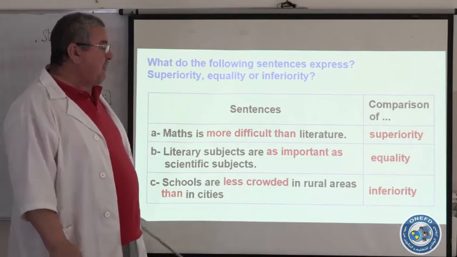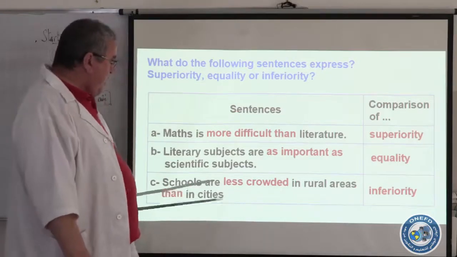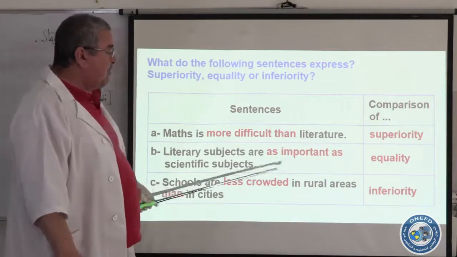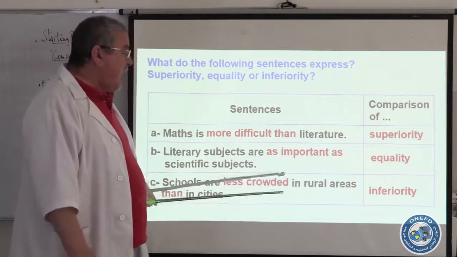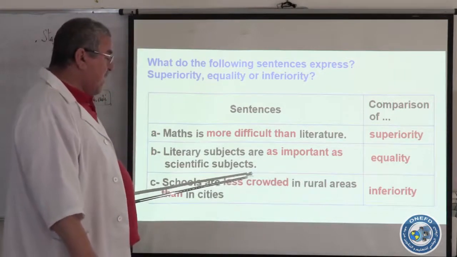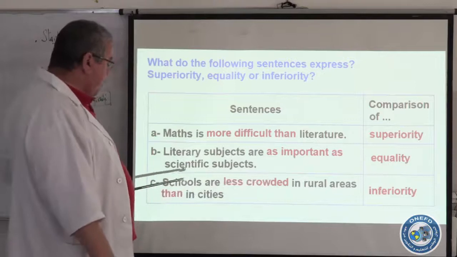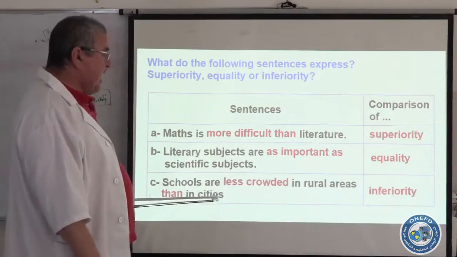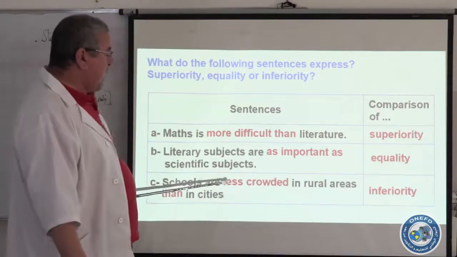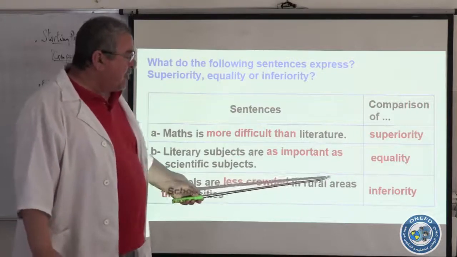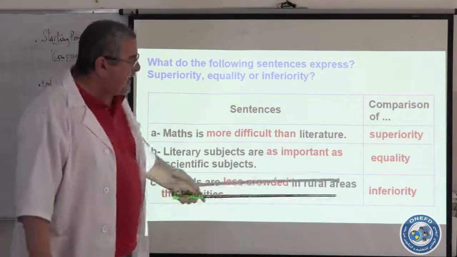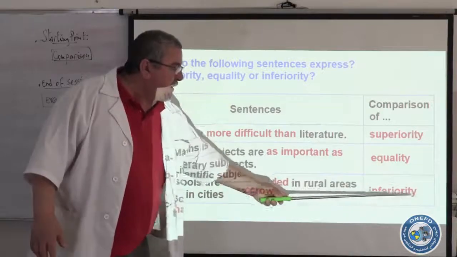So, in terms of number of students, the schools in rural areas are less crowded than schools in cities. And then we say schools are less crowded in rural areas than in cities. We are expressing inferiority here.